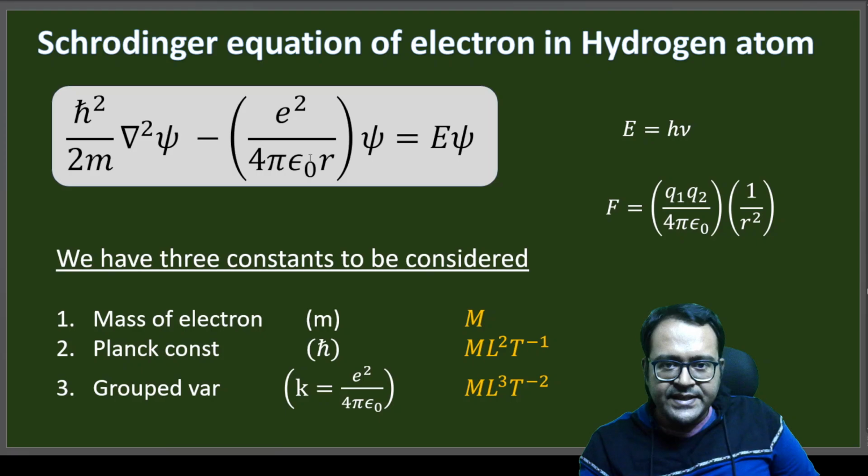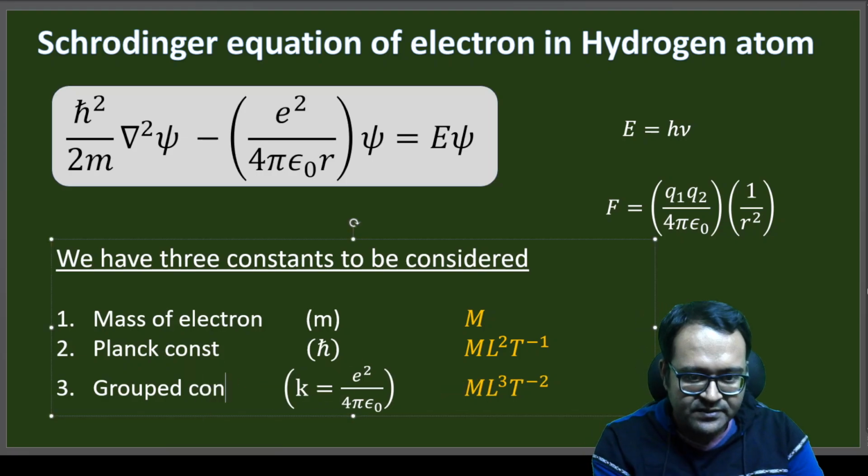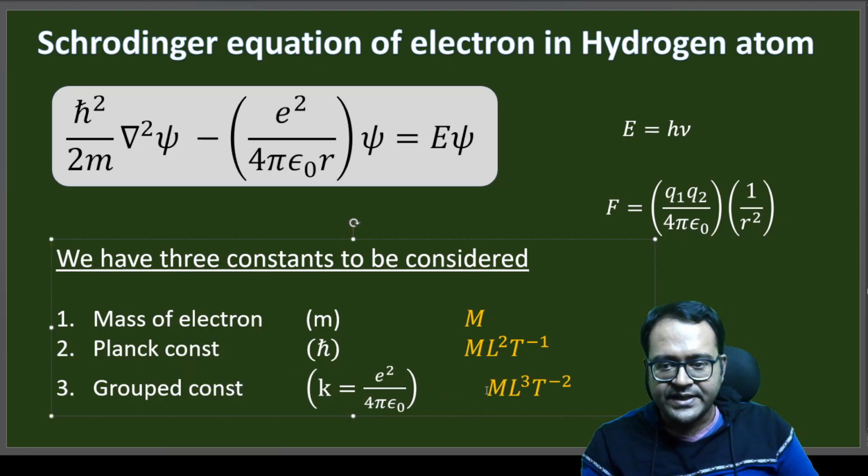So let's say e square by 4 pi epsilon naught. Let's group it, and see this is a common constant. So that should be written as a grouped constant, that is not a variable.